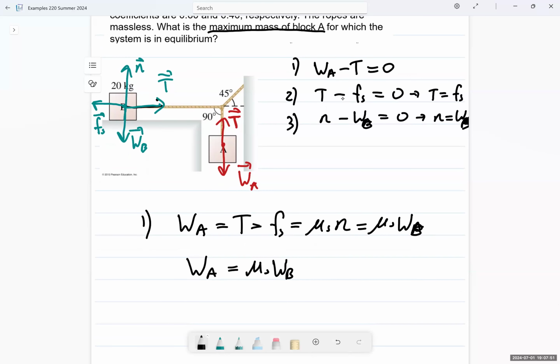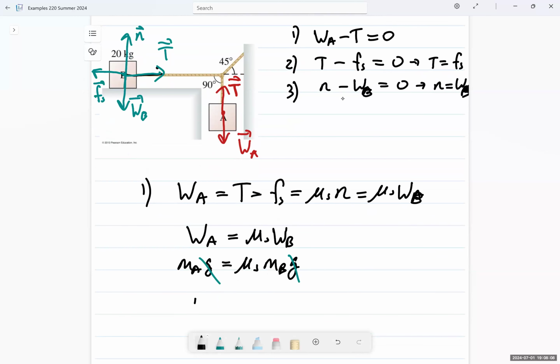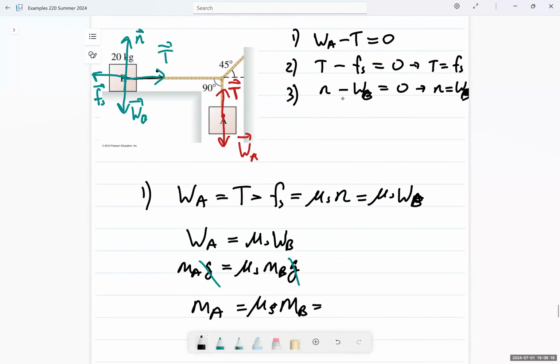Now, weight of A is mass of A times g on the left side. On the right side, the coefficient of static friction times weight of B, which is mass of B times g. Here I can cancel g from both sides and solve for mass of A. It will be the coefficient of static friction times mass of B. The coefficient we were given as 0.6.